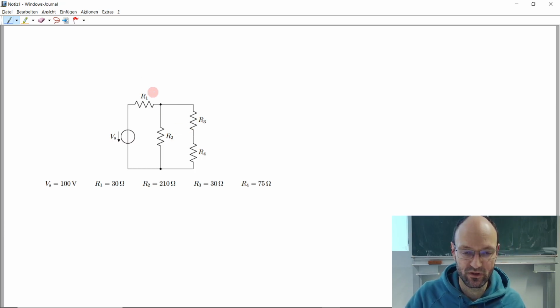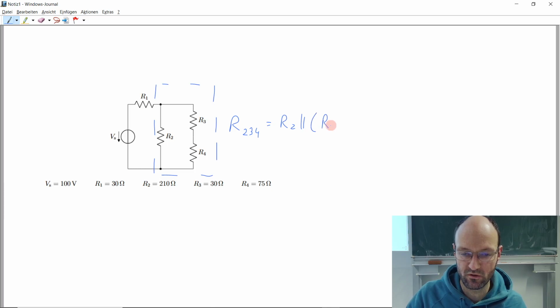We could calculate the equivalent resistance of this one here that we could call R234, and this would be R2 in parallel to the series circuit of R3 and R4.